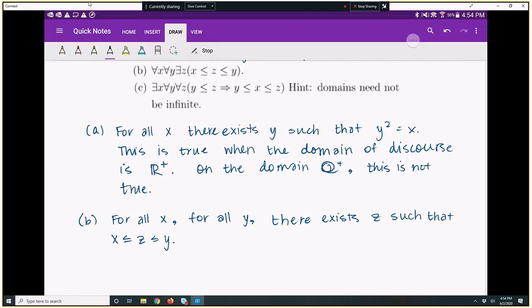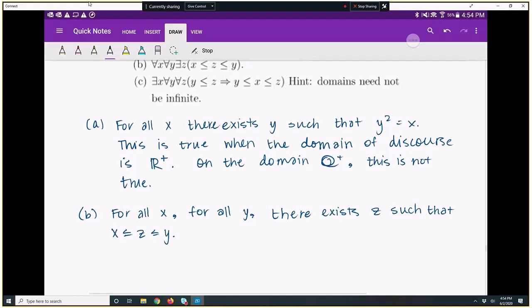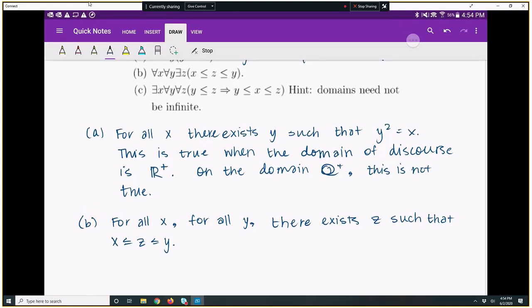So I need to be able to always find a z such that for all x, for all y, x is less than or equal to z is less than or equal to y. So the first problem that comes into my head is, well, what if x is greater than y? If x is greater than y, then this will fail, and any set that I can take, if it has more than one element, then we could choose x greater than y.